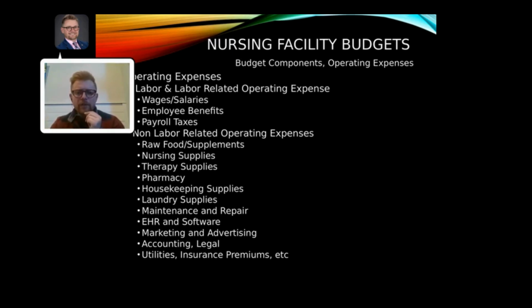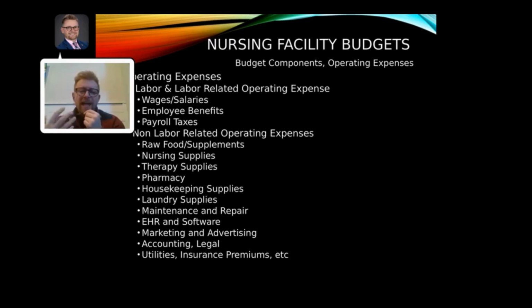Within the labor component, you budget the wage, and then you budget the hours. It's similar to how on the revenue side you budget the census days, like how many traditional Medicare days you anticipate for that period, and then you budget the average Medicare reimbursement rate, and you take those together, and that gives you your revenue for Medicare. Within the labor component related to wages and salaries, it's very similar.